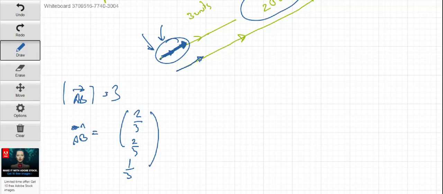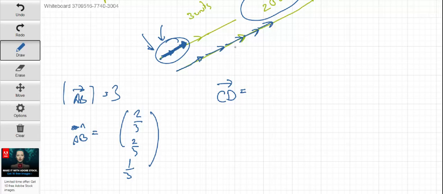The only difference is, if the AB unit vector is this, we can definitely say CD is essentially just 20 of these blue arrows, because one of these arrows is 1 unit.